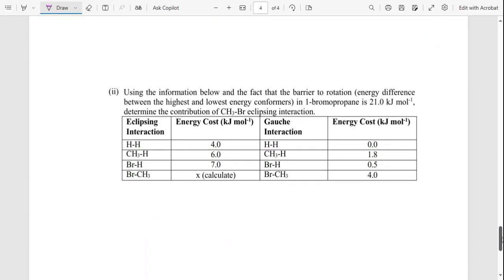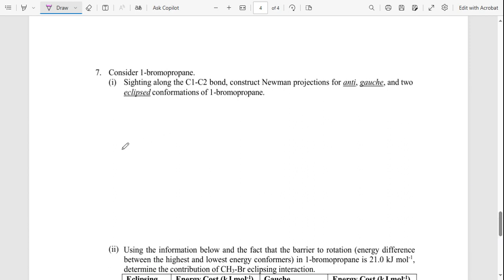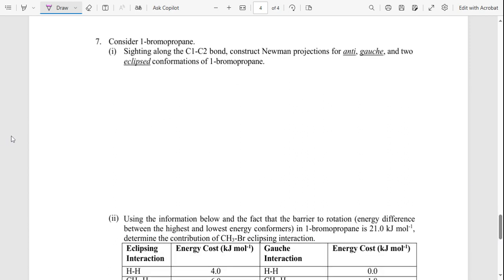Okay, and then we have the last question, question 7. Consider 1-bromopropane sighting through the C1-C2 bond. Construct a Newman projection for anti, gauche, and two eclipsed configurations. Remember, this is 1-bromopropane.